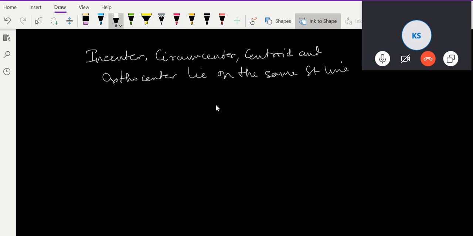These 4 points in any triangle will lie on the same straight line. Euler's segment, right? I think it's called Euler's segment. Yeah, sure.